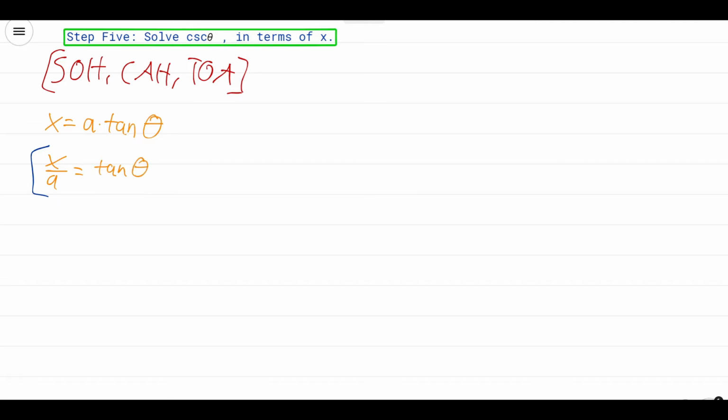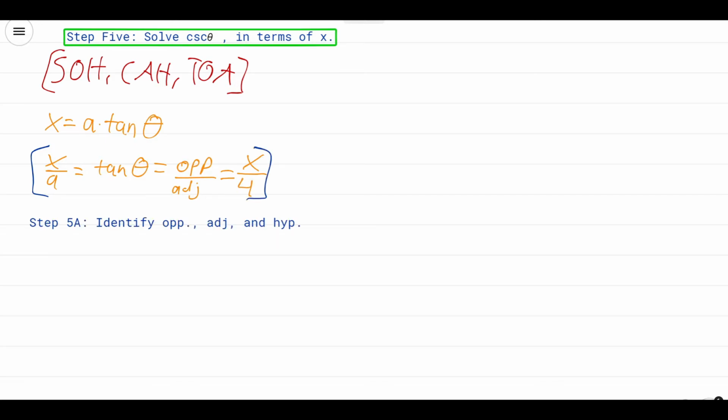From SOHCAHTOA, we know tangent theta is equal to opposite over adjacent. So the opposite is equal to x and the adjacent is a. What was our a? Our a was 4.